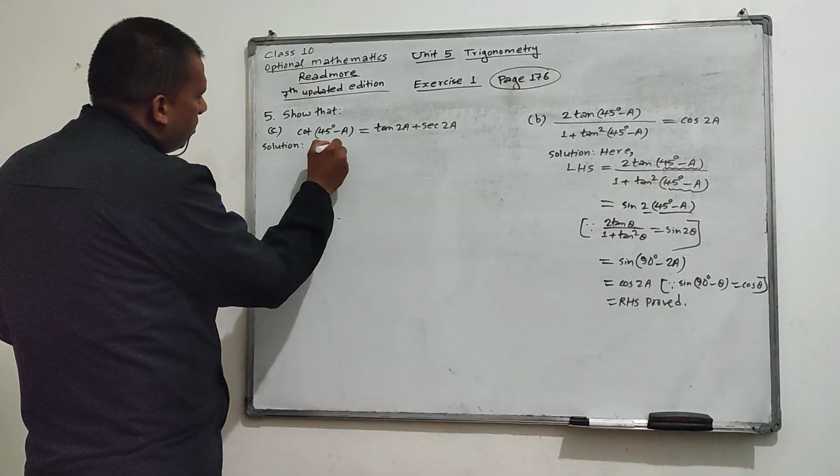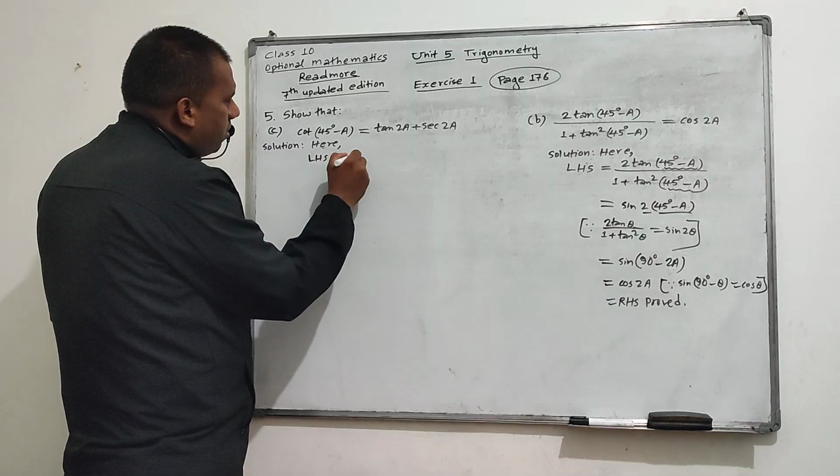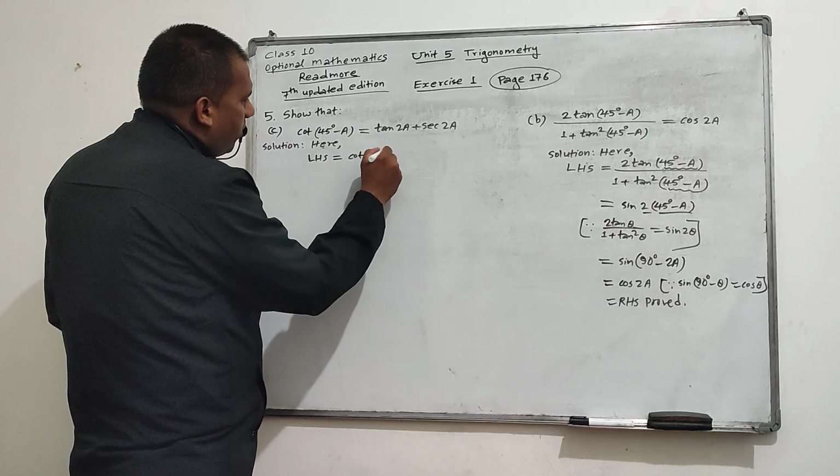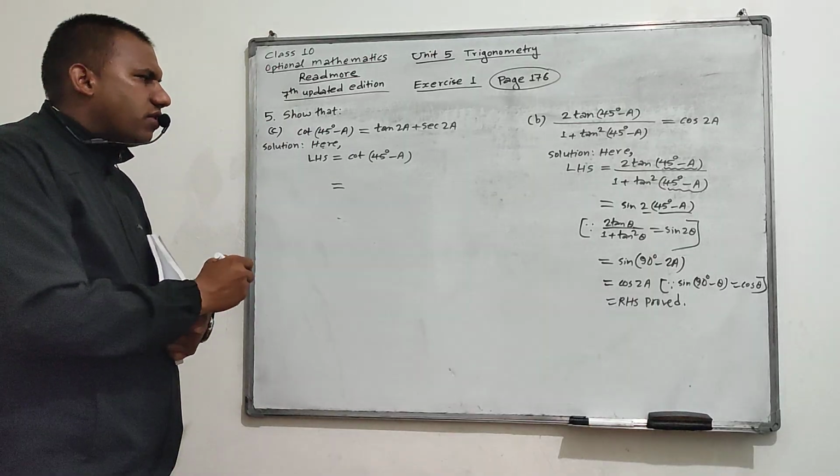Here LHS equals cot (45 degree minus A). This is in the form of cot (A minus B).